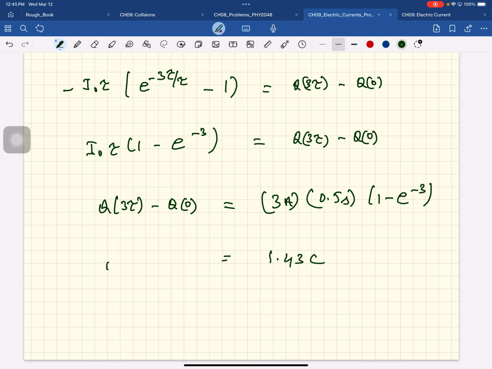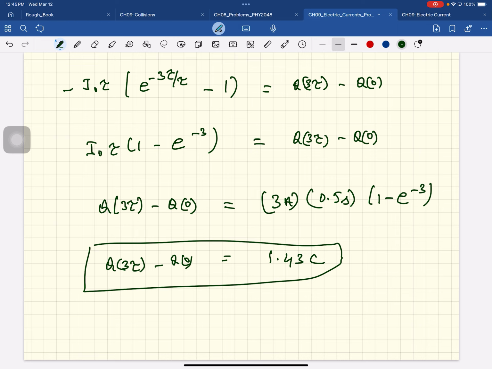So 1.3 coulombs of charge has flown through in that time scale. Okay. That's what that is.